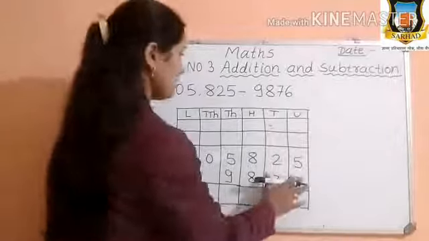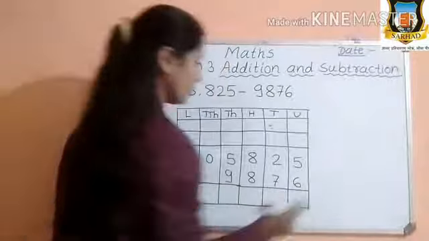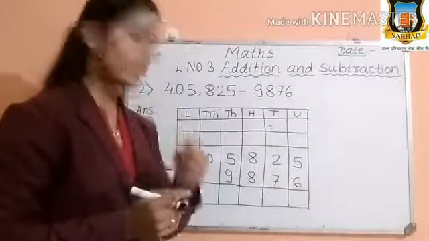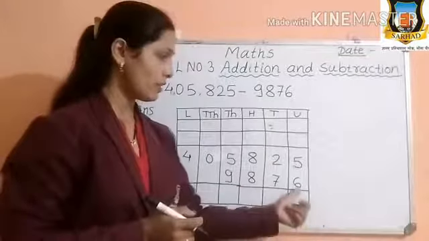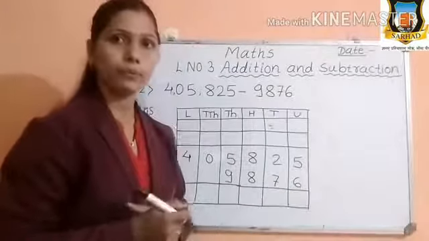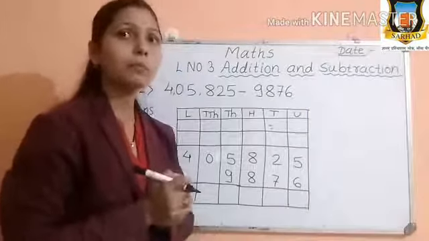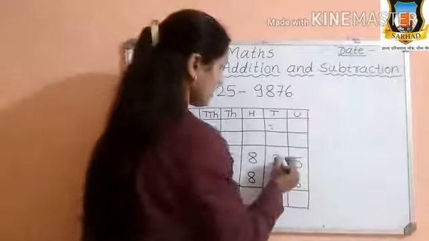Sorry, 76 is there, so okay. 5 minus 6, is it possible to subtract 6 from 5? No, because 6 is bigger than 5. So what do we have to do? We should take one borrow from the next number. That means here 2 is there.